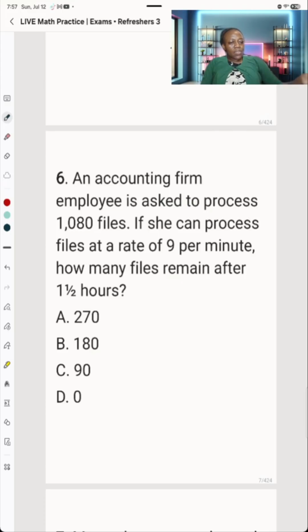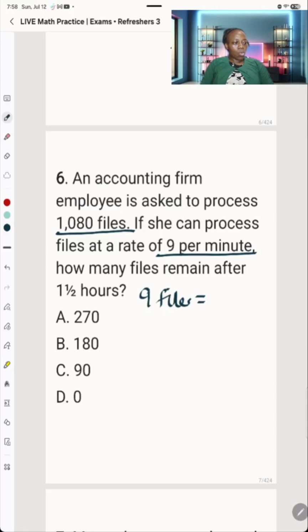An accounting firm employee is asked to process 1,080 files. If she can process files at a rate of 9 per minute, how many files remain after 1.5 hours? I will just write 9 files in 1 minute.